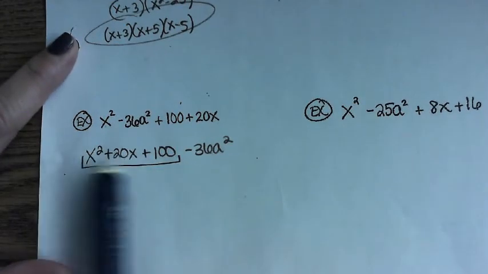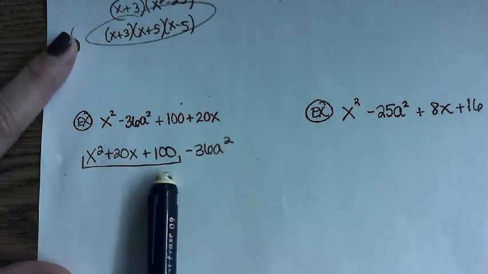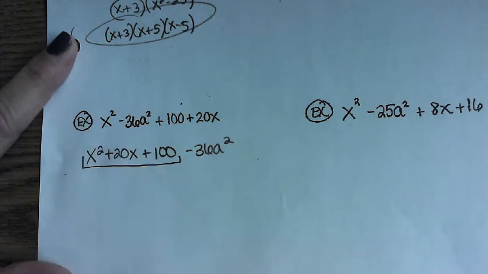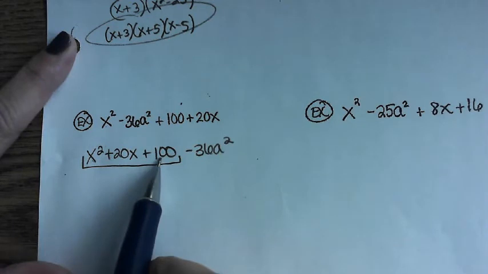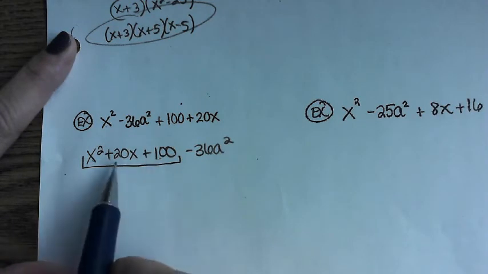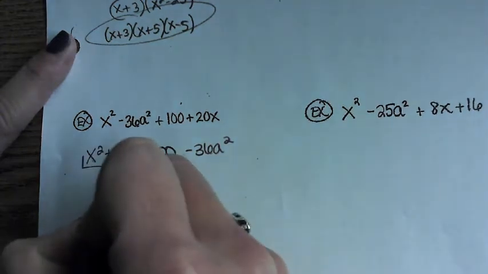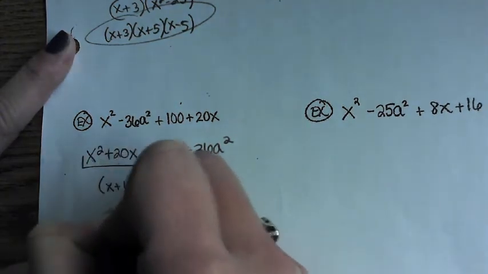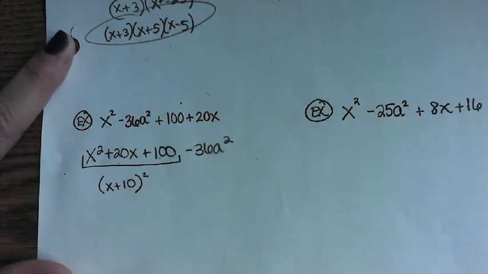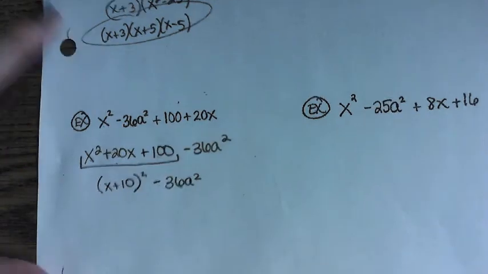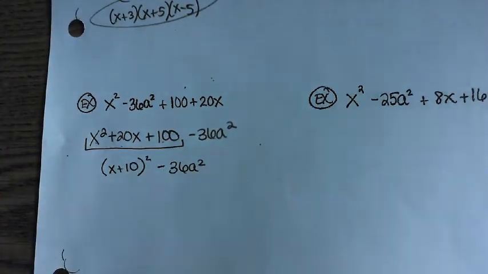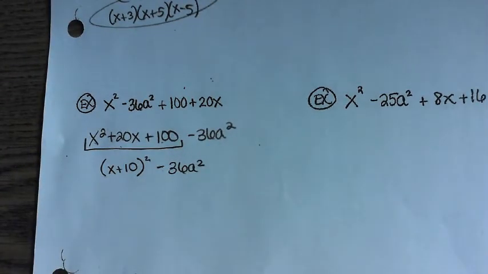Because this trinomial here is a perfect square trinomial. Remember that? Square root of this is x. Square root of this is 10. Double 10x is 20x. So this actually factors into x plus 10 squared. And then we're just going to leave it minus 36a squared. Any questions on that so far?